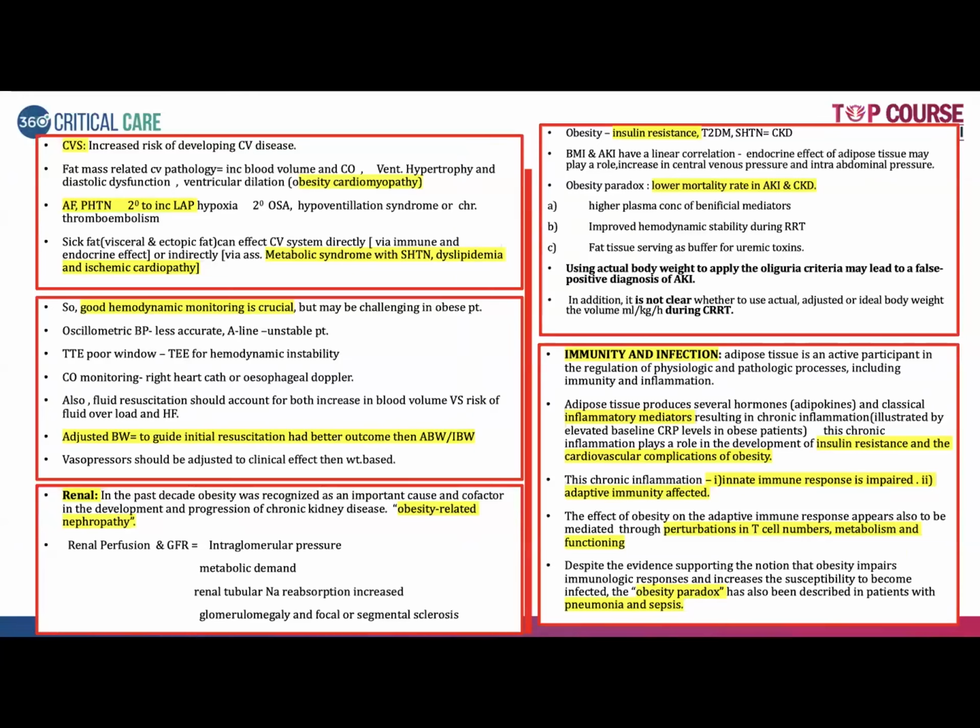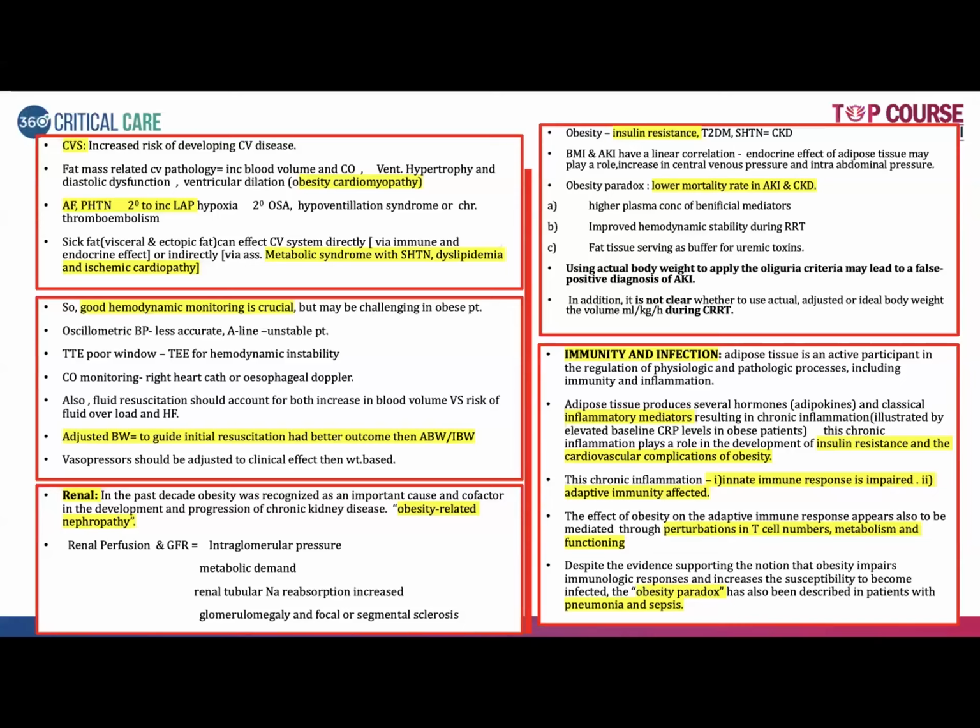In terms of immunity and nutrition, adipose tissue has some regulation in physiological and pathological processes in immunity and inflammation. Several hormones like adipokines and classical inflammatory mediators result in a state of chronic inflammation. So their baseline CRP levels will itself be high. And there is a high rate of development of insulin resistance and more cardiovascular complications.